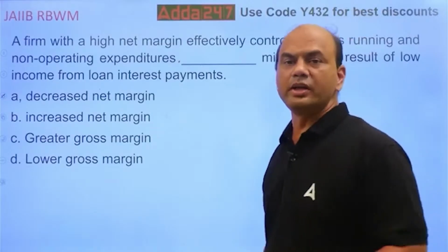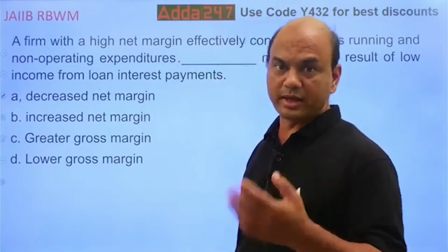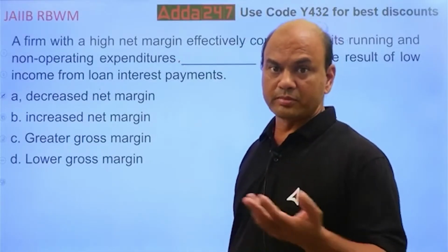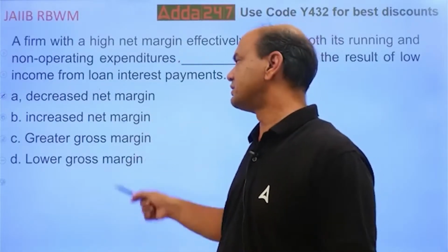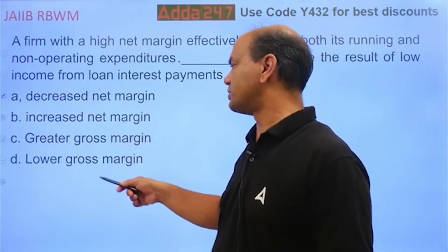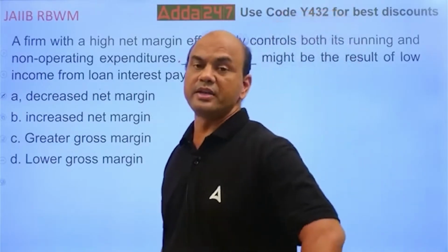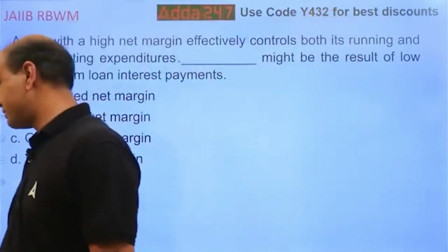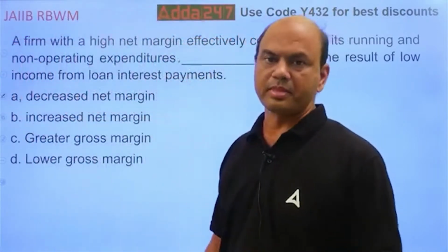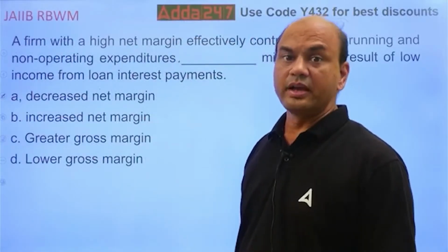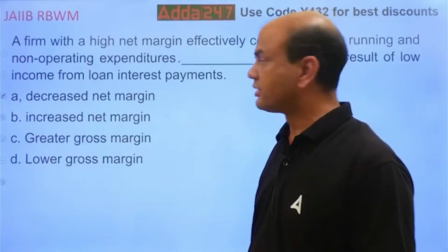So if I get low income from interest payments, if I get low interest payment as a bank from the loans, what will it result in? Decreased net margin, increased net margin, greater gross margin, lower gross margin. Interest payment is reduced, so it will result in what?